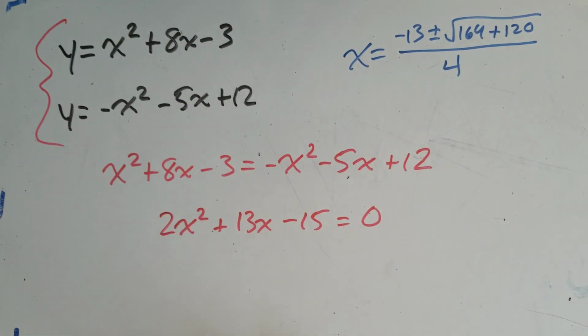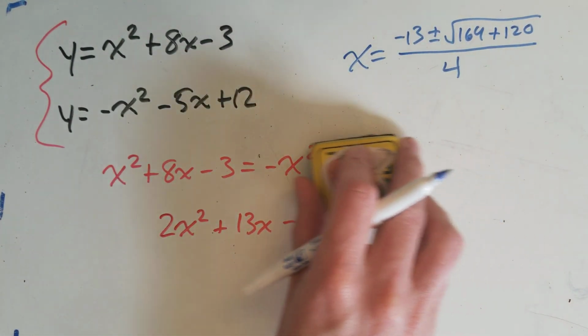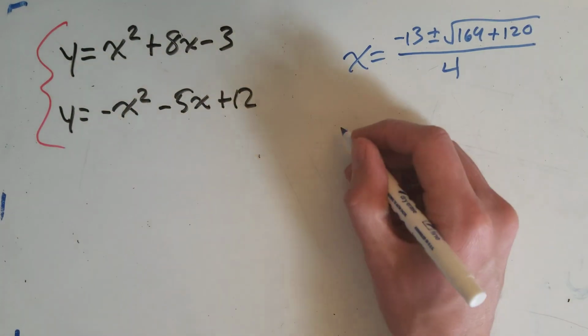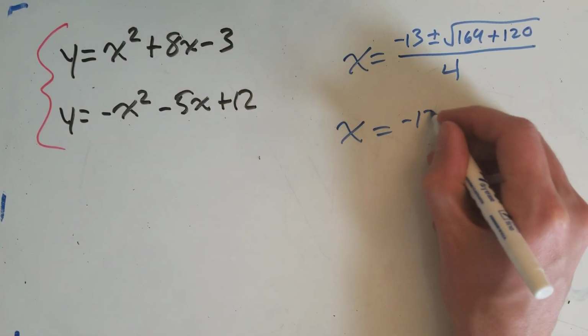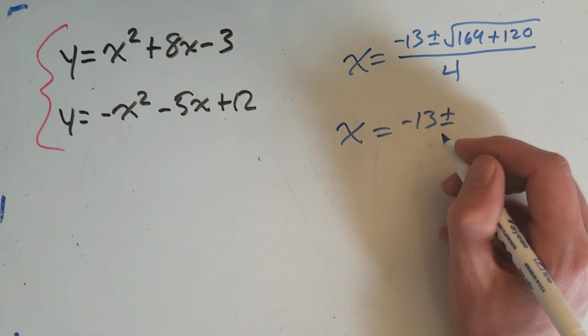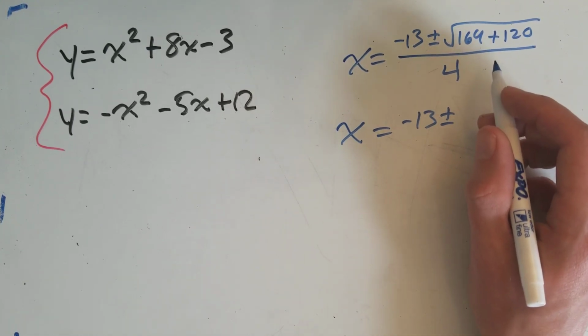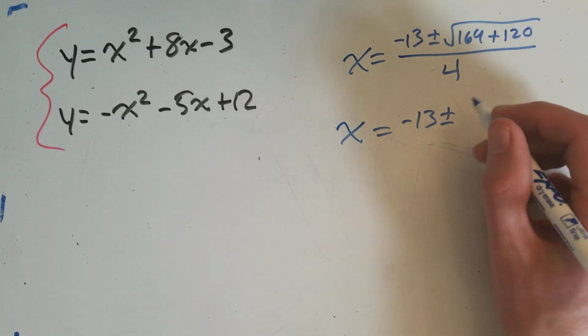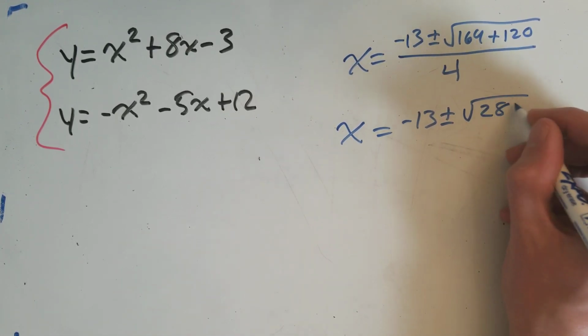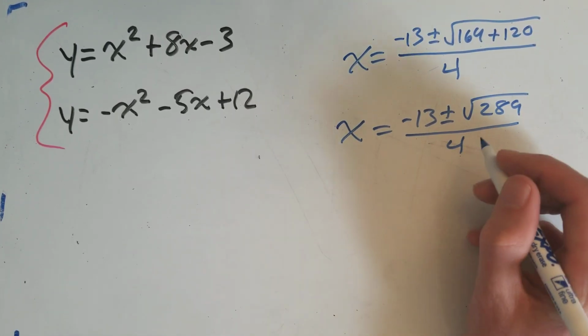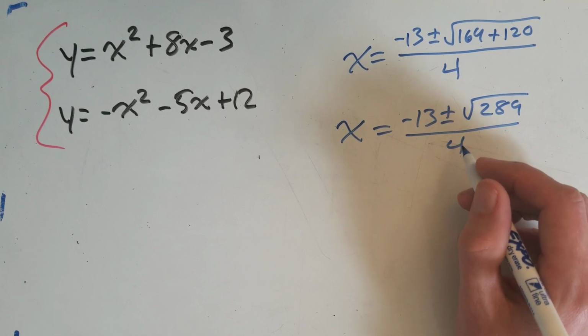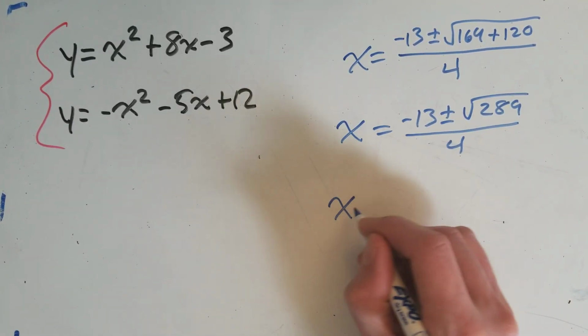Let's go ahead and simplify. So -13 plus or minus, if we simplify inside of our radical, 169 plus 120, we get the square root of 289, all over 4. The square root of 289, if you don't know, is a perfect square.